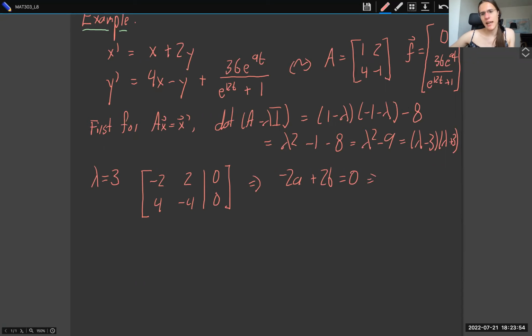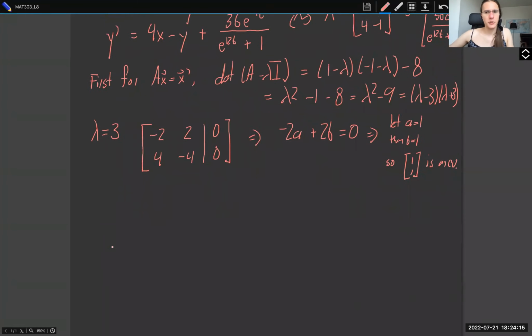So if we let a equal 1, then b is equal to 1. So (1, 1) is an eigenvector. Cool. So that's lambda equals 3.